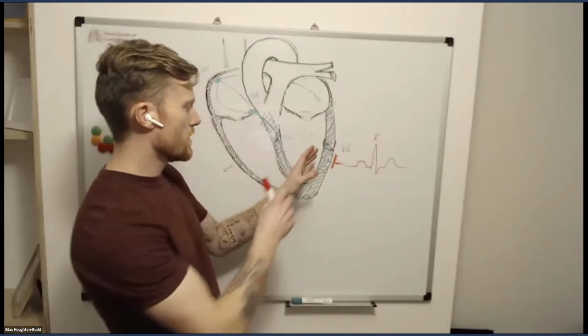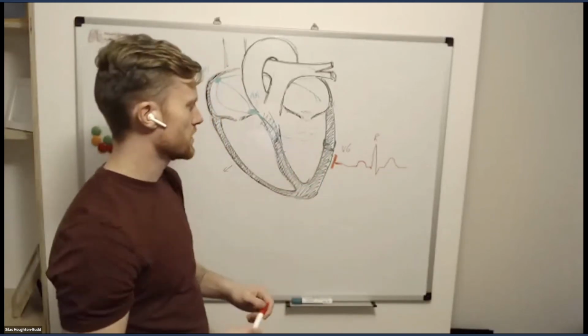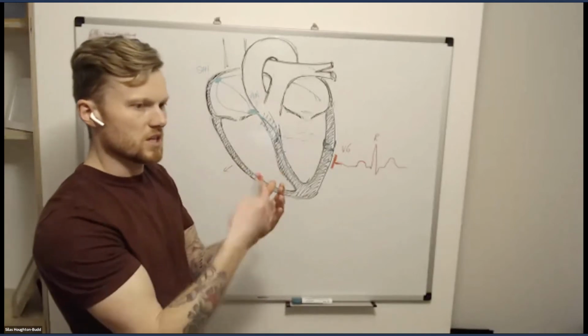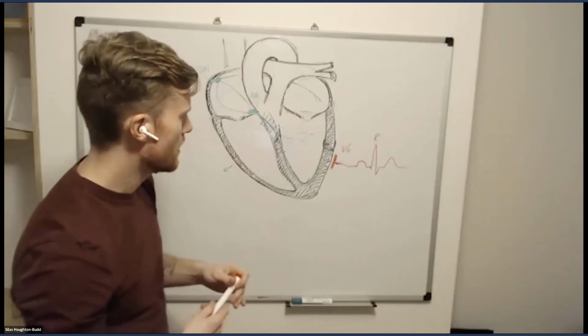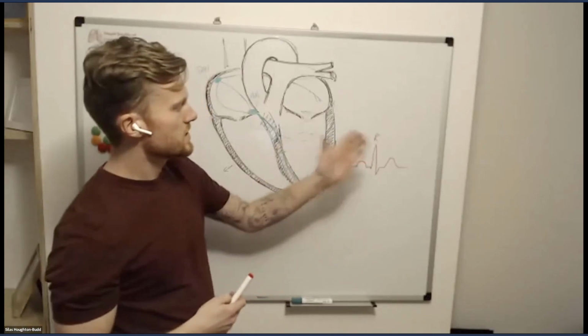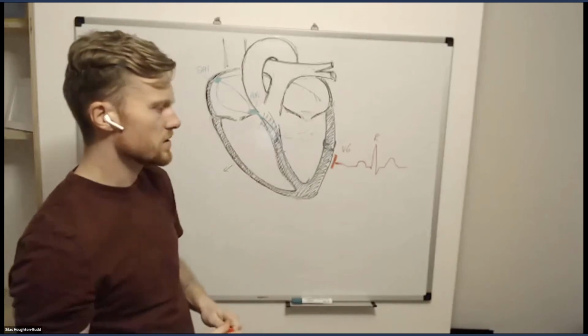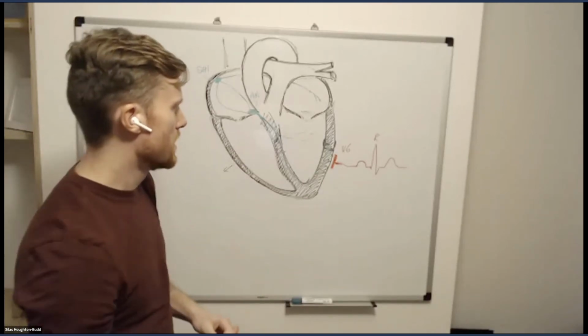And this repolarization phase is the opposite of depolarization. So if repolarization is heading towards an electrode, it should cause a negative spike or a negative deflection. However, what we see is a positive one, and it's important to understand why that is, because it explains a bit more about why we get T-wave abnormalities.